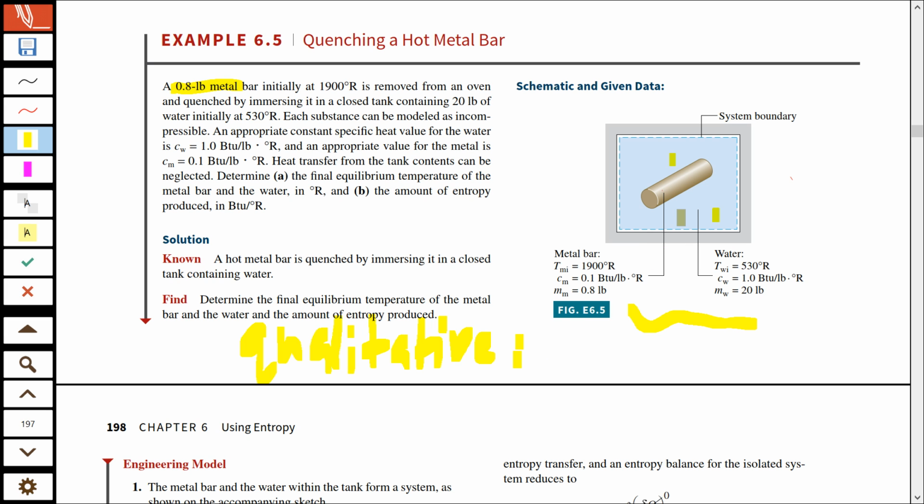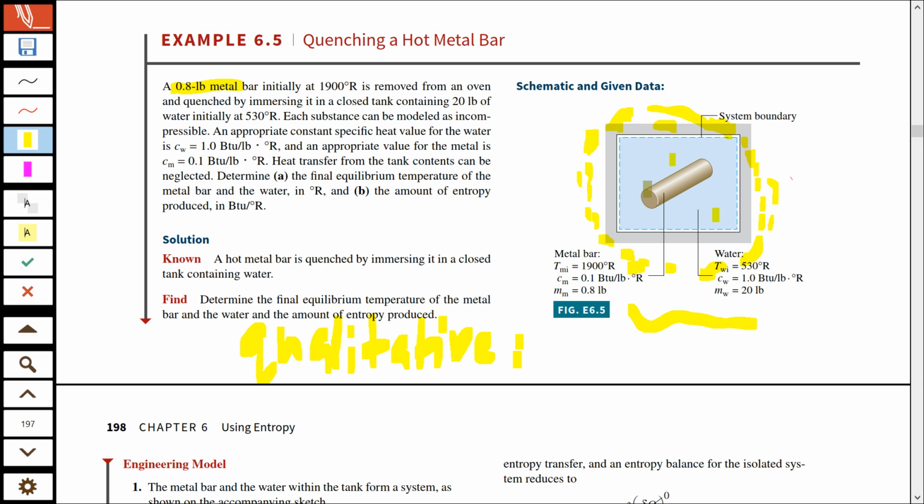Okay, yes. But be very careful, because this is your system boundary, so you cannot use the word heat transfer. Everything is happening within the system. Sir, if we specifically say the subsystem will... For the subsystem, you can do that. But when you write the energy balance and entropy balance for this overall system, make sure that you don't use the word heat transfer there.